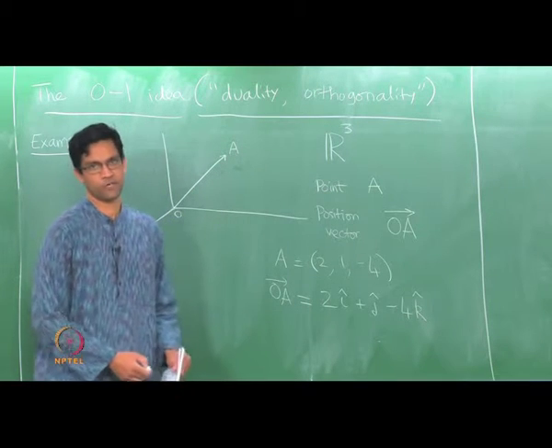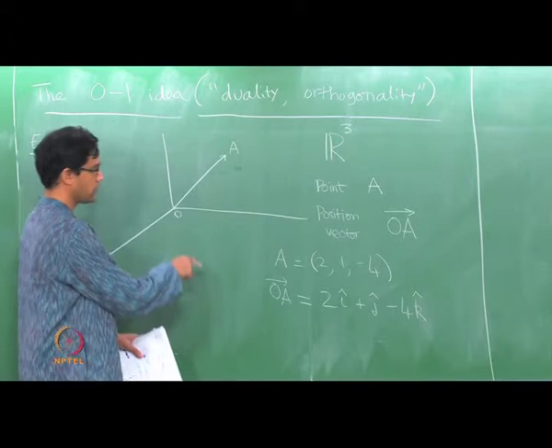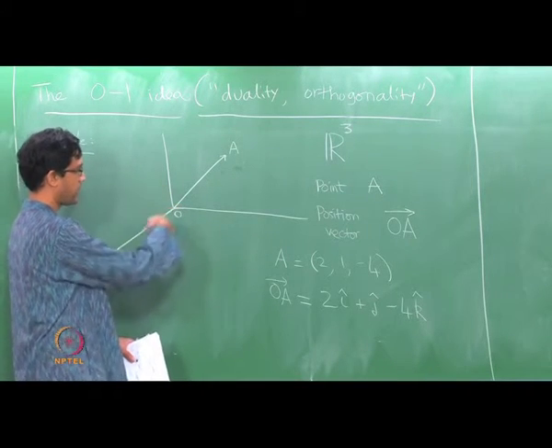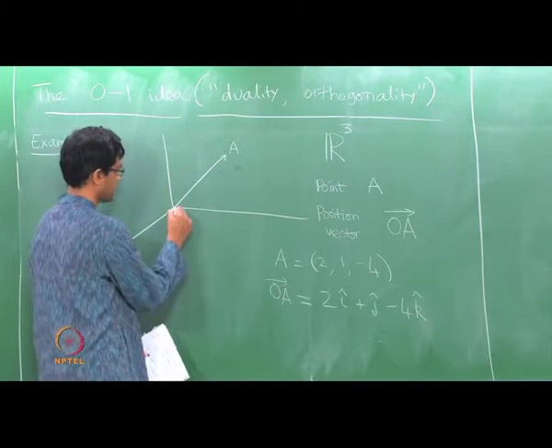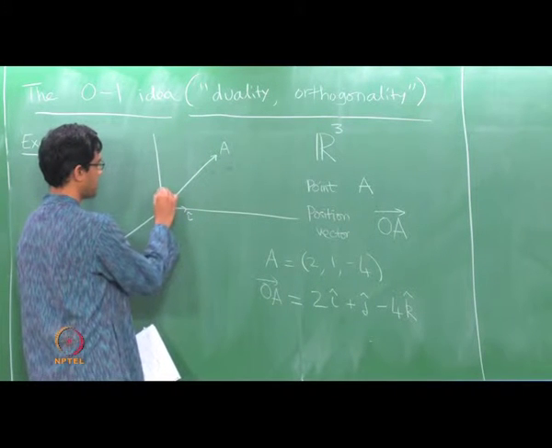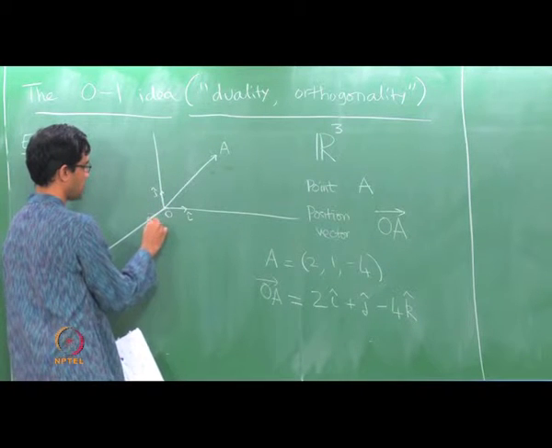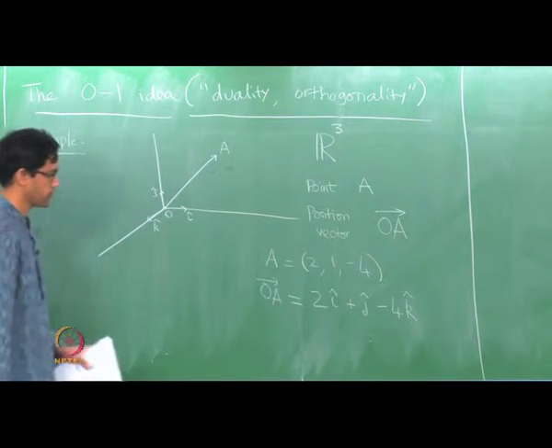This is the conventional way of writing this, where i, j and k just refer to the unit vectors along the x, y and z directions.